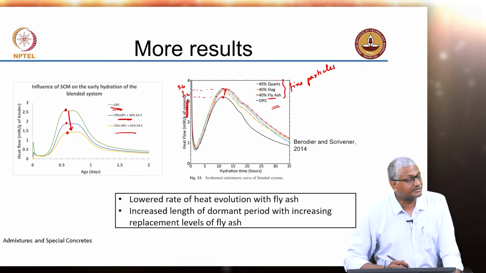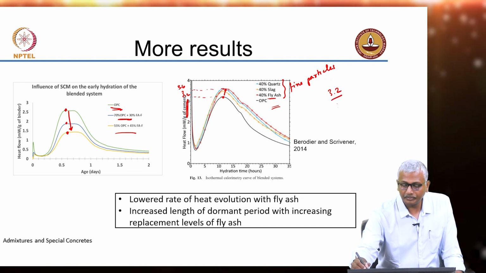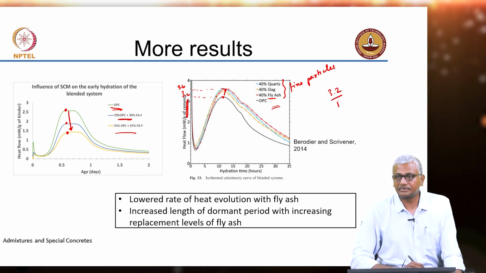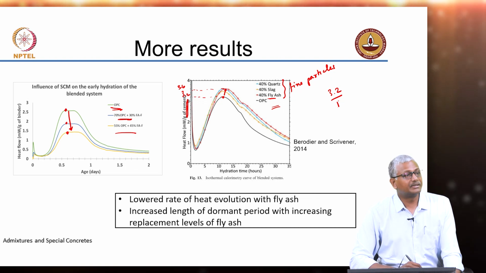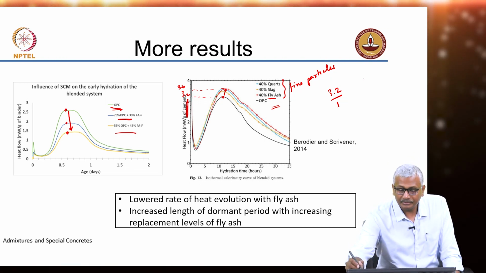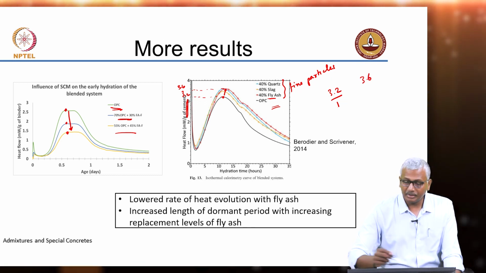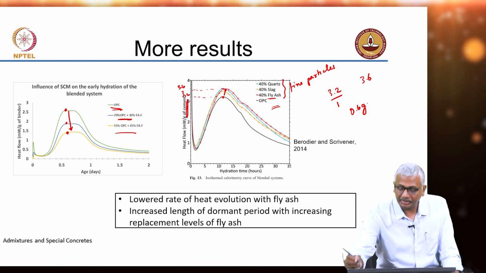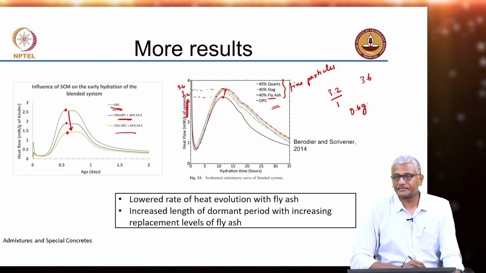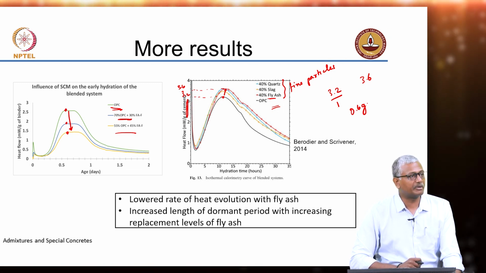Now, in the first mix there was 1 gram of cement present, so it is 3.2 by 1 heat rate per gram of cement. In the second case 3.6 is there, but that is calculated based on 0.6 grams of cement, because 0.4 gram is fly ash, right. There is only 0.6 gram of cement present there.